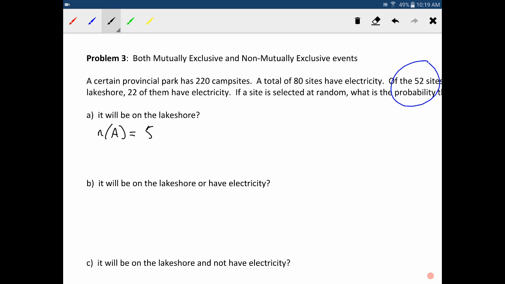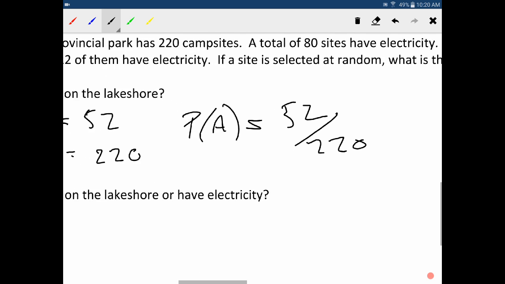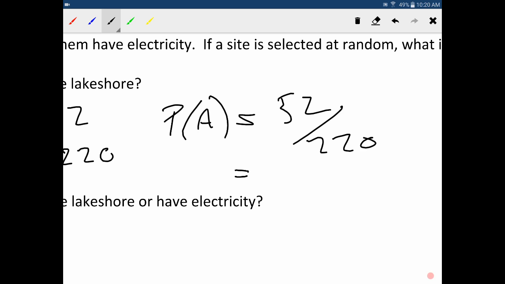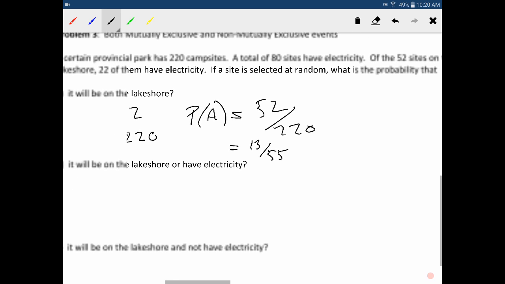So we've got 52, and then we say, how many sites are there? And there were 220. So the probability is just going to be equal to 52 over 220, which is 13 over 55.